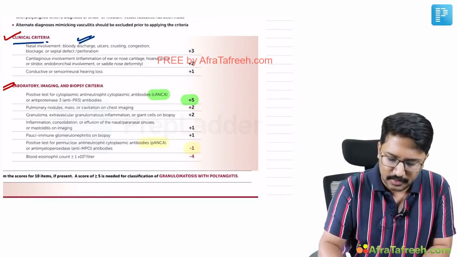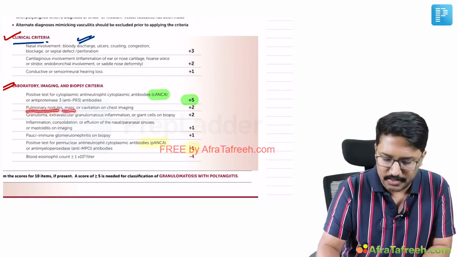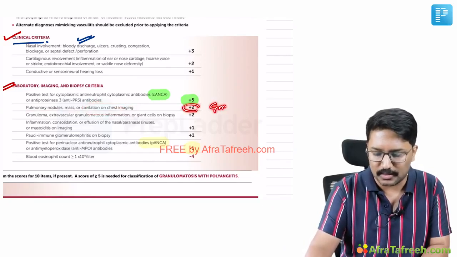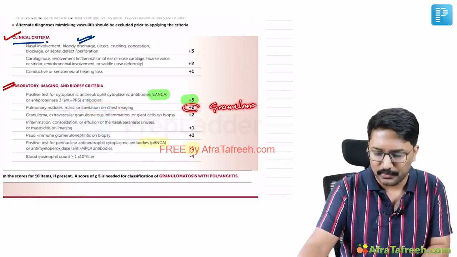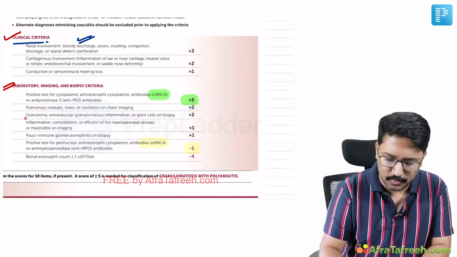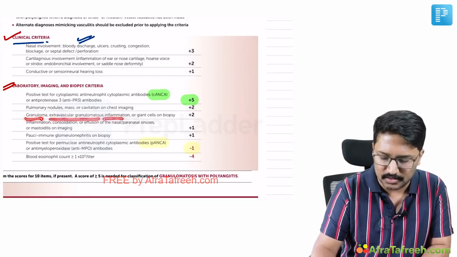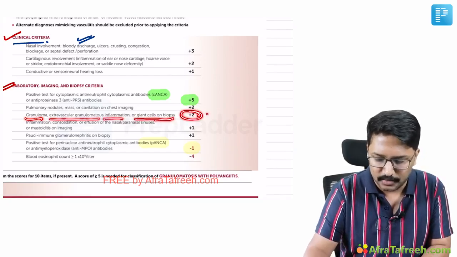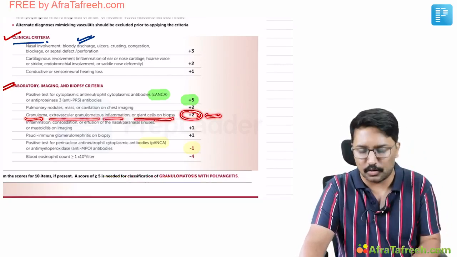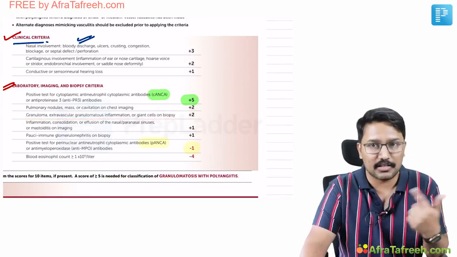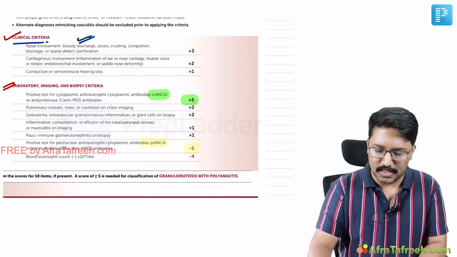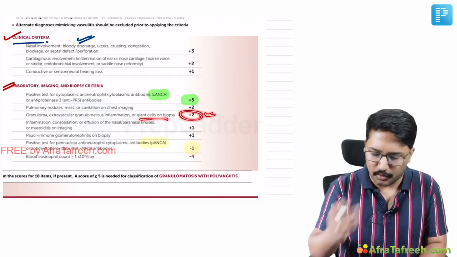Apart from that, if there are pulmonary nodules, mass or cavitary lesion on the chest imaging, we are giving 2 points, because we are talking about a granulomatous condition. So lung granulomas will go in favor of GPA over MPA, right? Then presence of granuloma, extravascular granulomatous inflammation or giant cells on biopsy. The most common tissue biopsy site is either upper respiratory tract or lung. On the tissue biopsy, if there are granulomas, extravascular granulomatous inflammation apart from the vessels, or giant cells, we are giving some positive points.